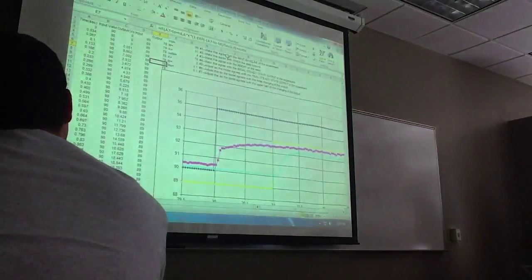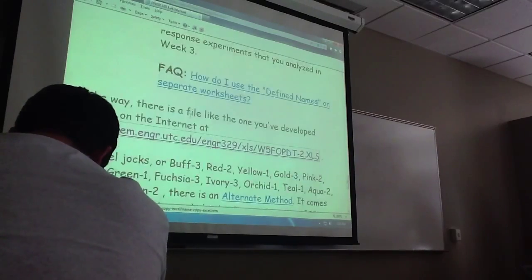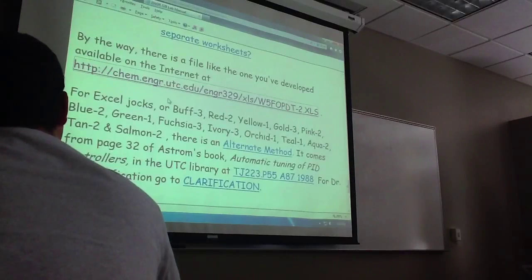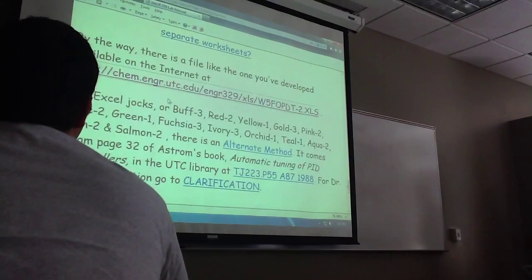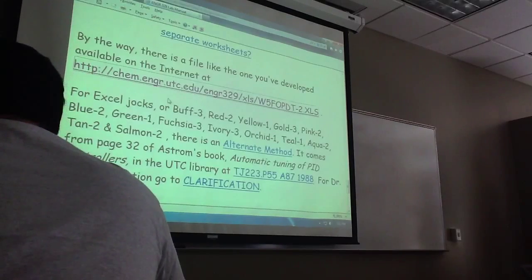Let's go back to this other thing that we were talking about. For Excel jocks, third person in top, that would be Ashley. Second person in red, that would be Ben. First person in yellow, that would be Caleb. Those are all three chemical engineers, right off the bat. What's that about?